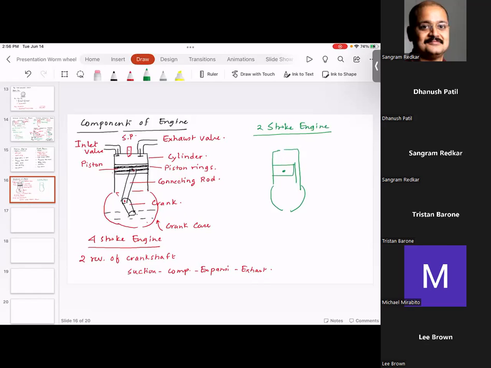And what we have is something like this. This is the spark plug. And here I'm going to call this the transfer port.